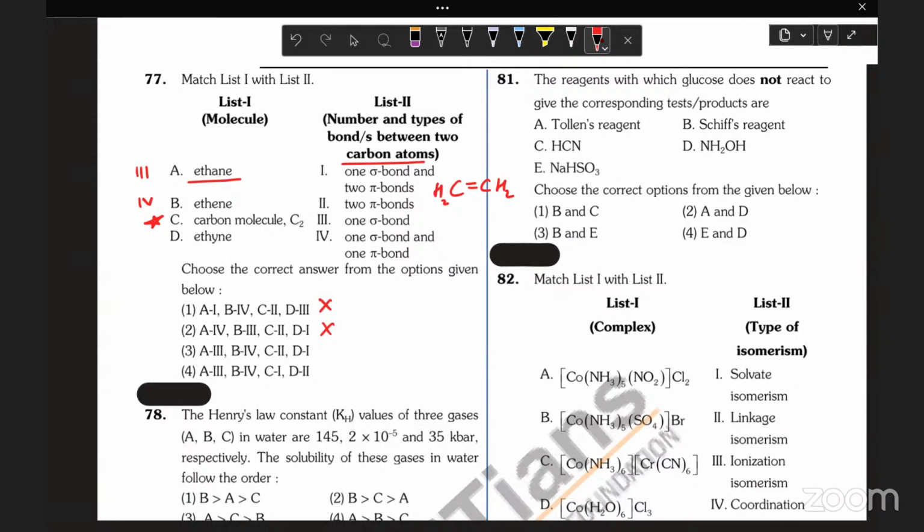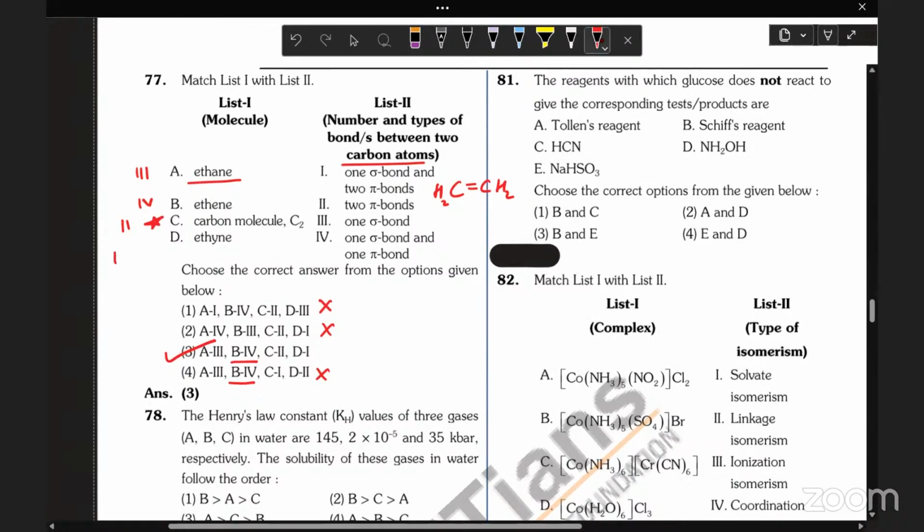We can't find the right answer from this because both have 4 for B. Next, the C2 molecule, the carbon molecule. It has both pi bonds, so 2 pi bonds. I can see this in 2. C will go with 2, and that is the deciding factor. So the right answer is option number 3. You do not have to check for ethyne, although we know ethyne is CH triple bond CH.